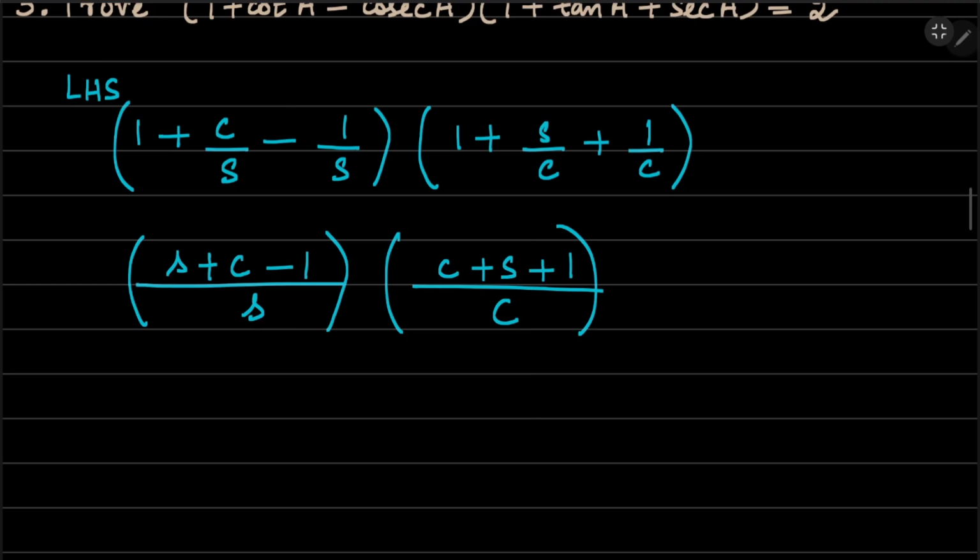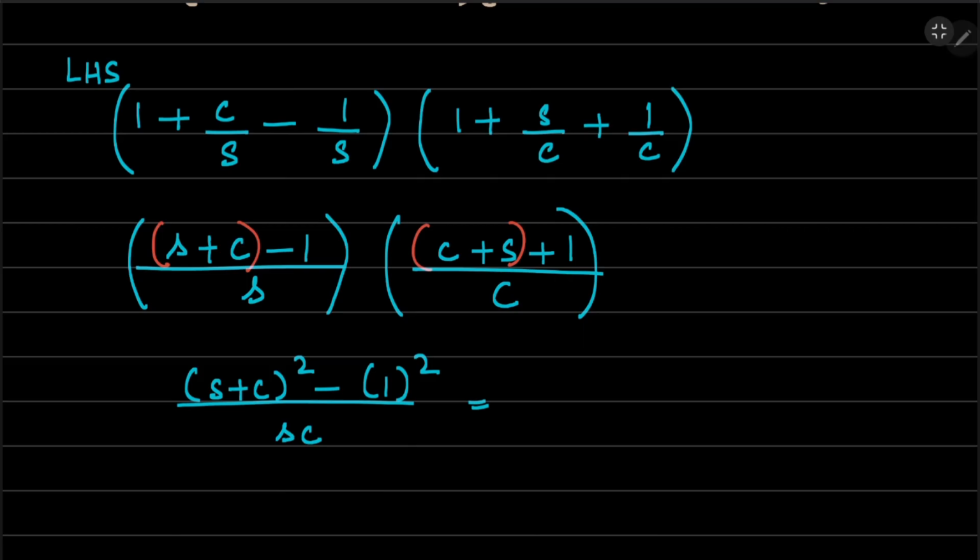Now you can see this as (a plus b) into (a minus b), right? (a minus b) into (a plus b). So I can write it as a square minus b square. Just a product, right? (a plus b) into (a minus b) divided by sine into cos.